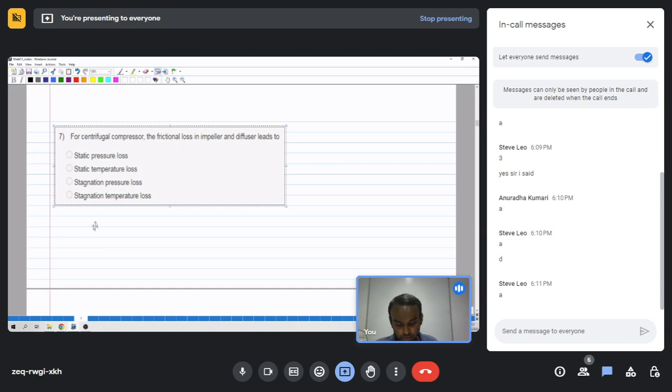For a centrifugal compressor, the friction loss in the impeller and diffuser leads to static pressure loss, static temperature loss, stagnation pressure loss, or stagnation temperature loss.